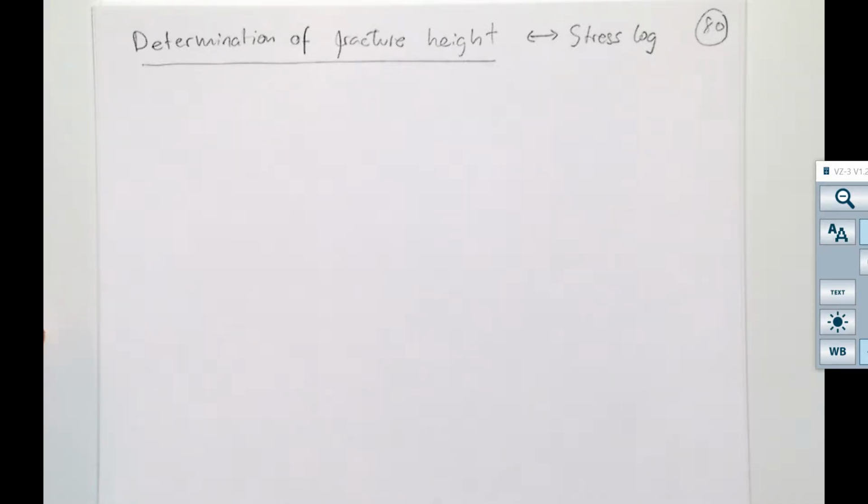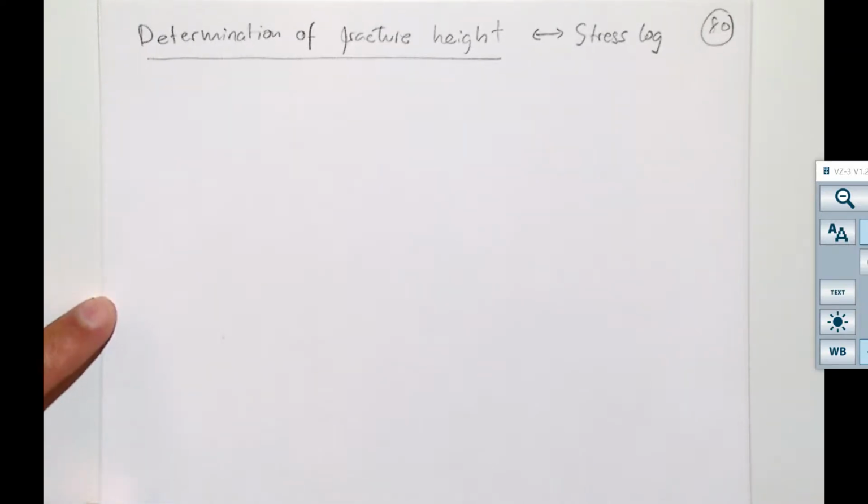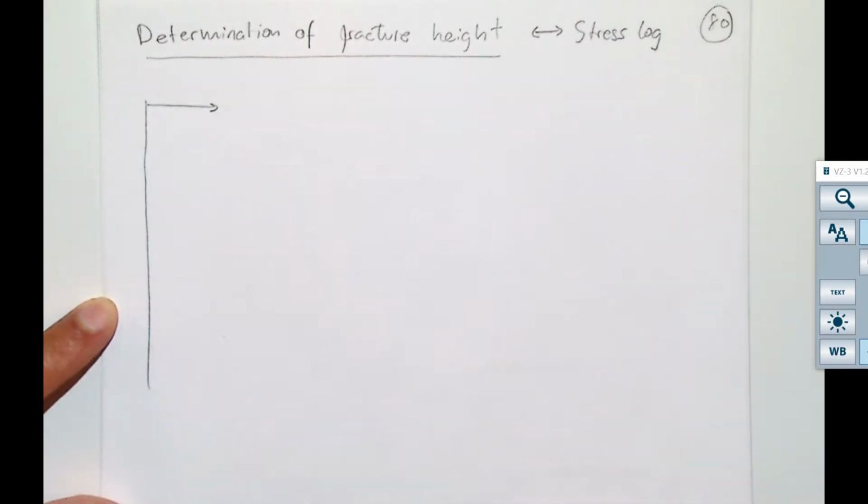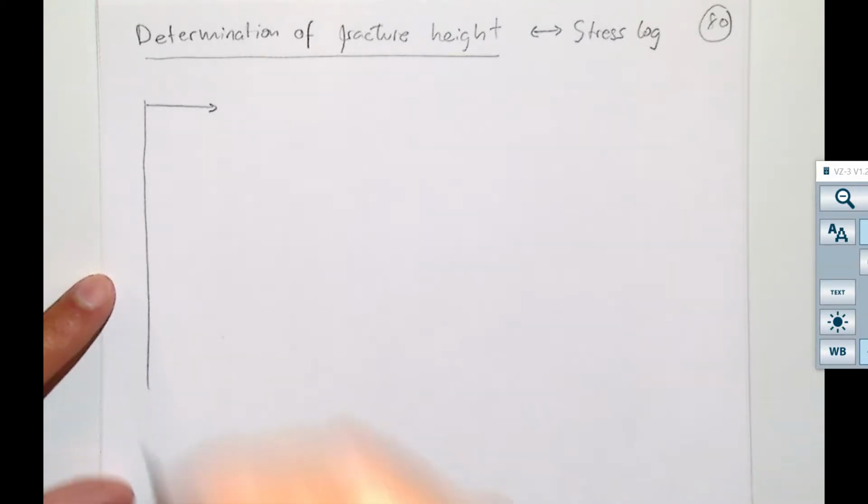All right, so let's see what is the logic here. We know that sedimentary rocks usually are put on top of each other, so we always have layers.